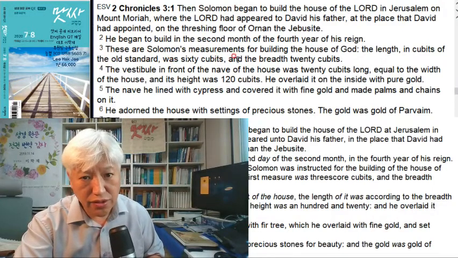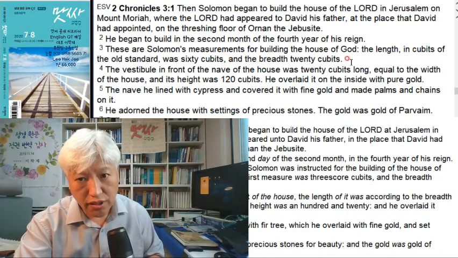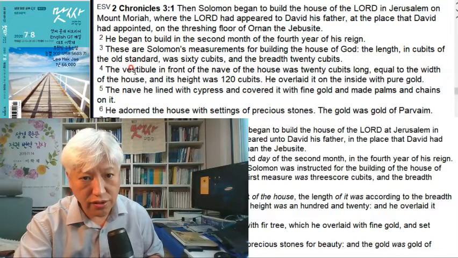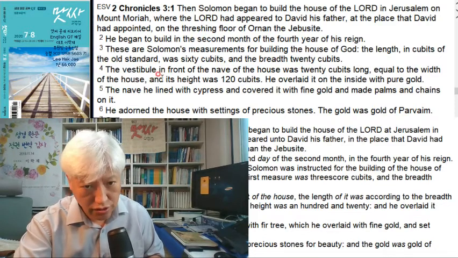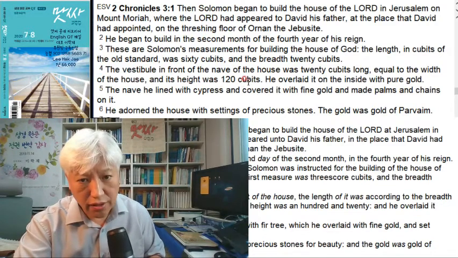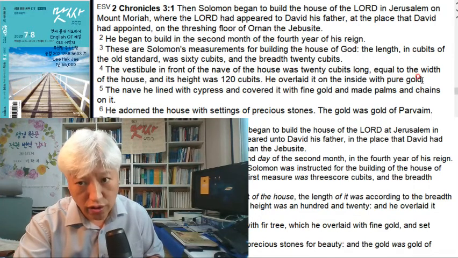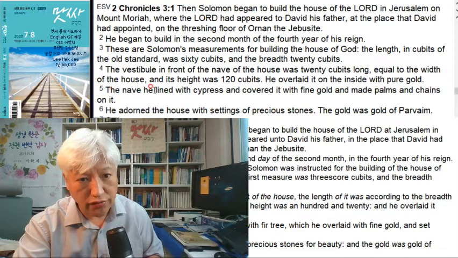These are Solomon's measurements for building the house of God. The length in cubits of the old standard was 60 cubits, and the breadth 20 cubits. The vestibule in front of the nave of the house was 20 cubits long, equal to the width of the house, and its height was 120 cubits.